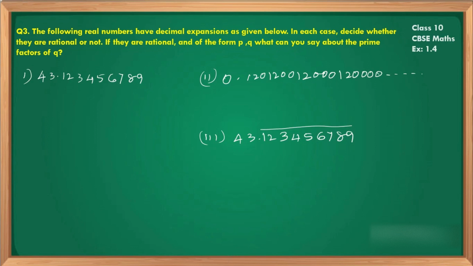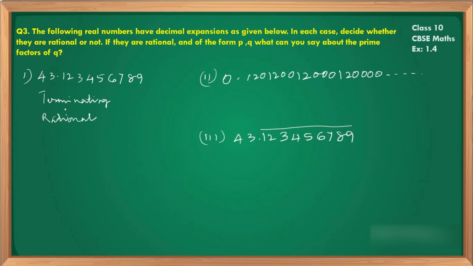Now let us start question number 1. This is a terminating rational number because after the decimal you have 1 up to 9 and there it terminates. Therefore it is terminating and it is a rational number also.